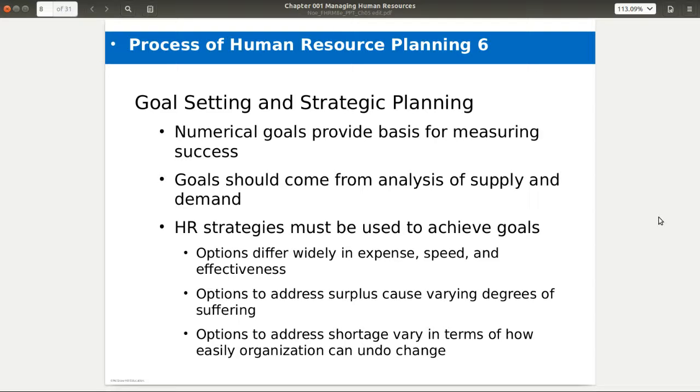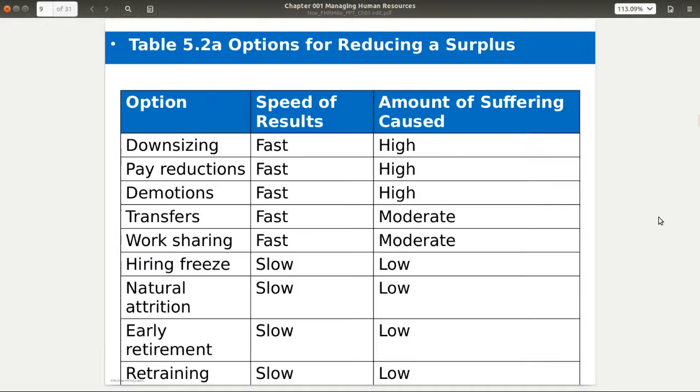We also have to think about, okay, so when is this going to be needed? Is it going to be needed very, very soon, which means that we're going to have to do some activities that will really bring in some people fairly quickly, or is it going to be slower? So in other words, we can really think about and grow slowly as far as the numbers of people.